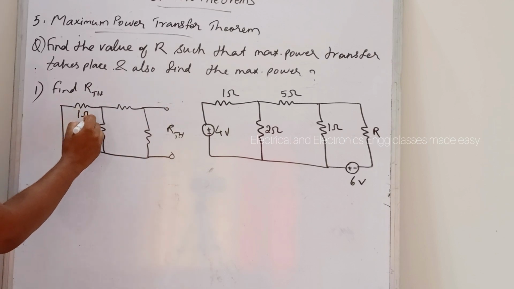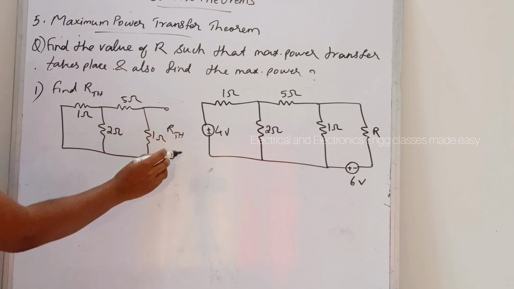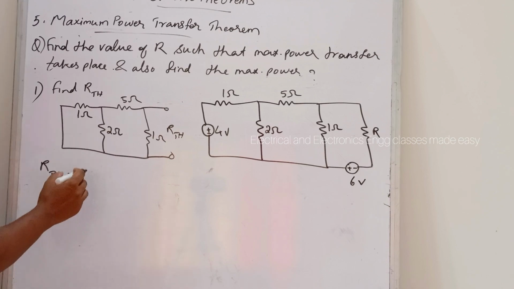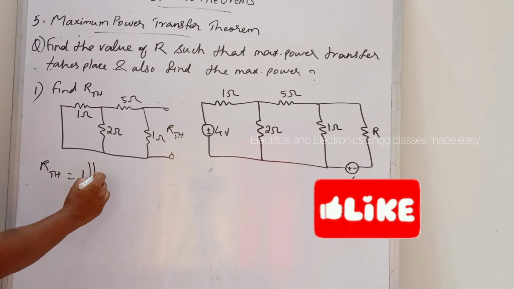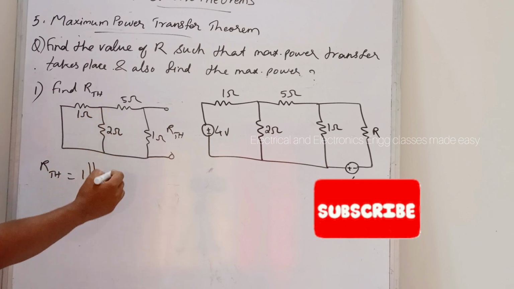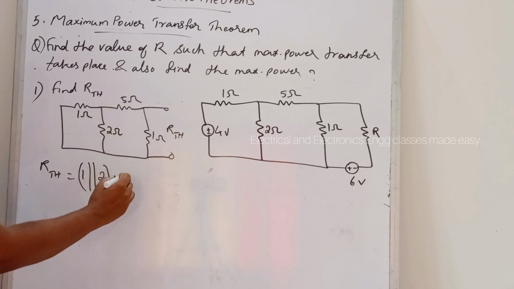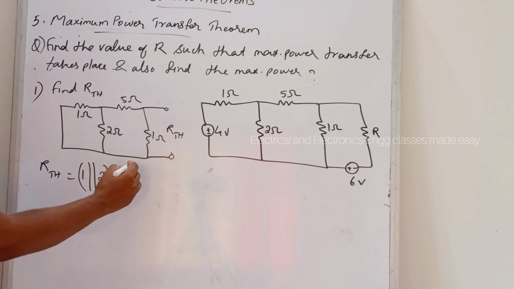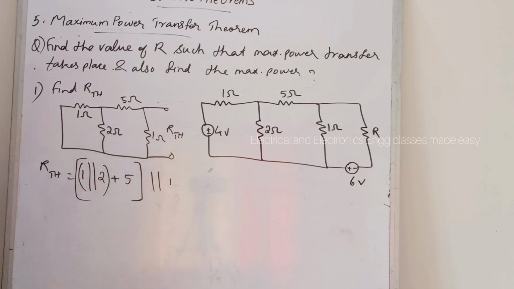So this is 1 ohm, then 2 ohm, 5 ohm, and this is again 1 ohm. So here RTH is equal to, this 1 ohm and 2 ohm are in parallel. So 1 in parallel with 2, which is in series with this 5 ohm resistor. Then again in parallel with this 1 ohm resistor.